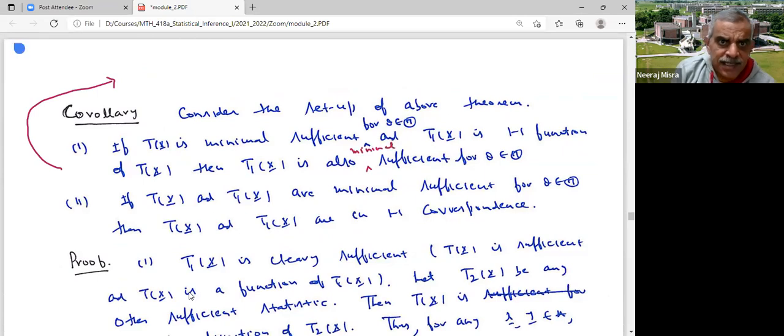Or in other words, any one-to-one function of a minimal sufficient statistic is minimal sufficient. So to show that T1 is minimal sufficient, what do you have to show? First, you have to show that T1 is sufficient.